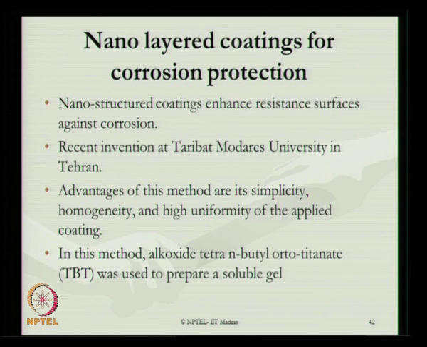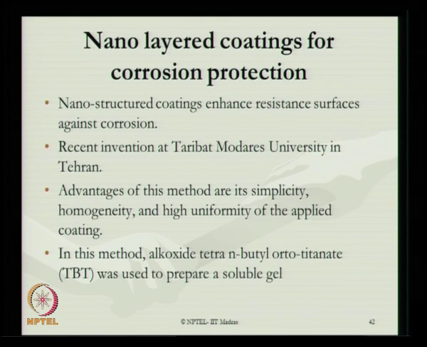If you look at corrosion protection measures, we have an interesting application from recent research using nano layered coatings for corrosion protection. Nano structured coatings generally enhance the resistance of a surface against corrosion. This recent invention was made at Tarbiat Modares University in Tehran.